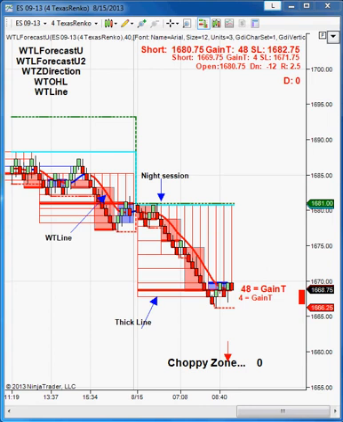Okay, so we still have a couple of minutes more. Okay, definitely the downside has momentum, and we want to see what happens.